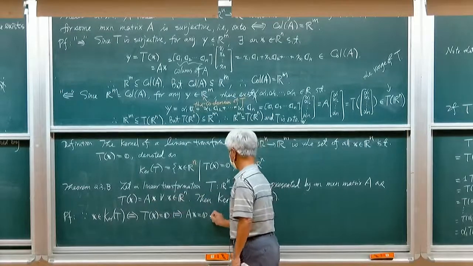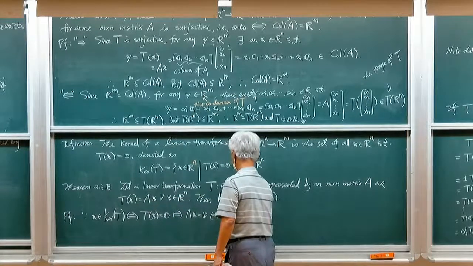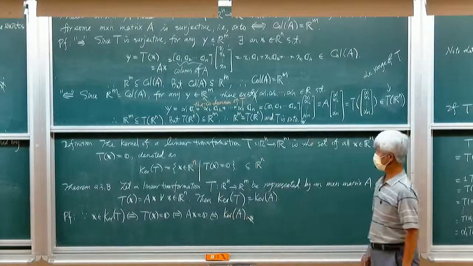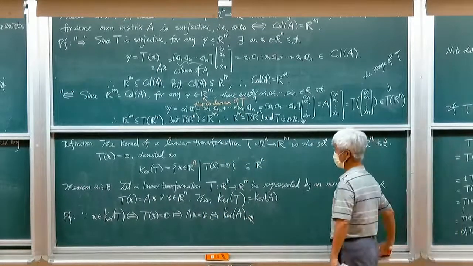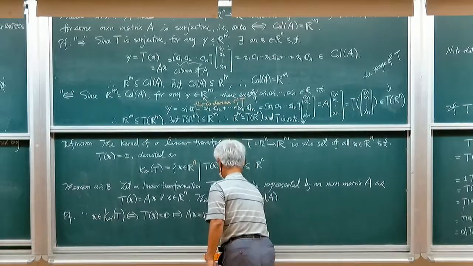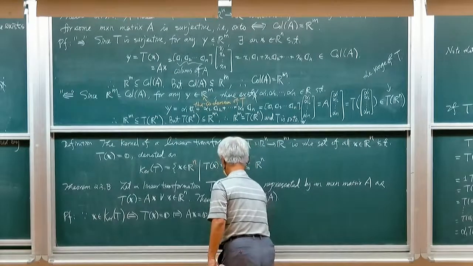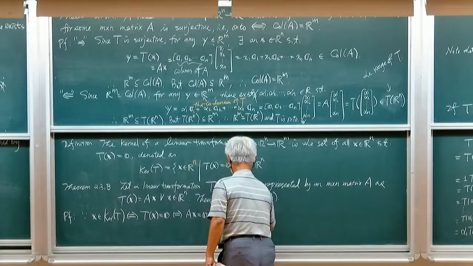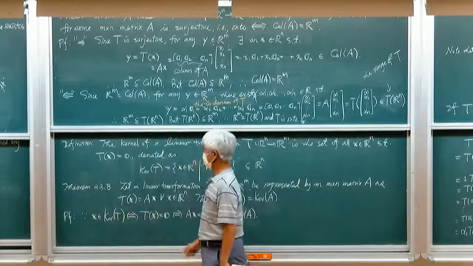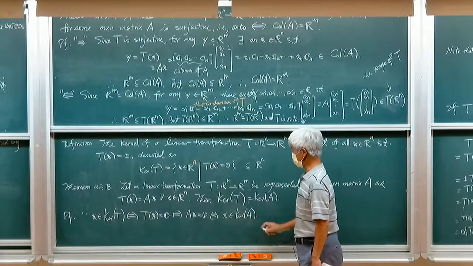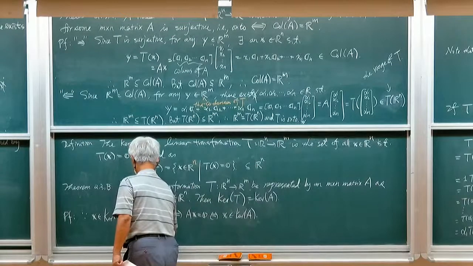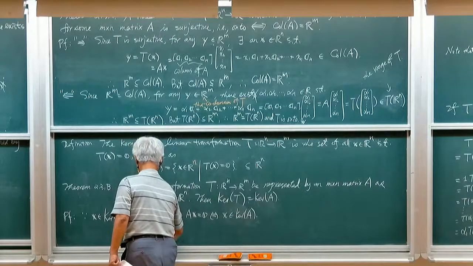And this is showing that x is in the kernel of A. So a vector is in the kernel of T if and only if it is in the kernel of A, so the conclusion is that kernel of T is equal to kernel of A.